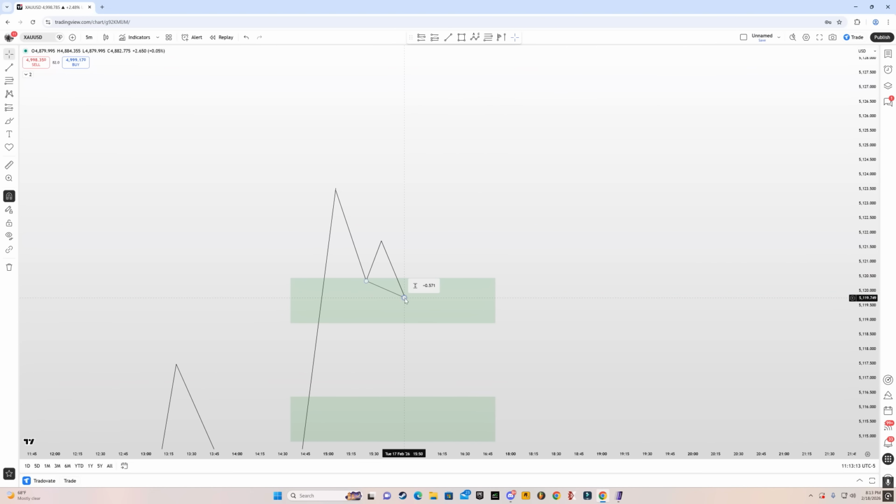Now, once you have SMT divergence, you have to then come back to the entry model. There are different ways to enter, but there are two primary entry models that I use. So I use CIST. So within this leg, from this low to this high, you identify continuous bearish candles. So continuous bearish candles, let's say from here, we had continuous bearish candle, 1, 2, 3.